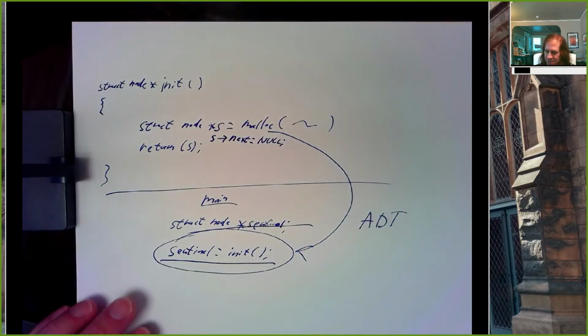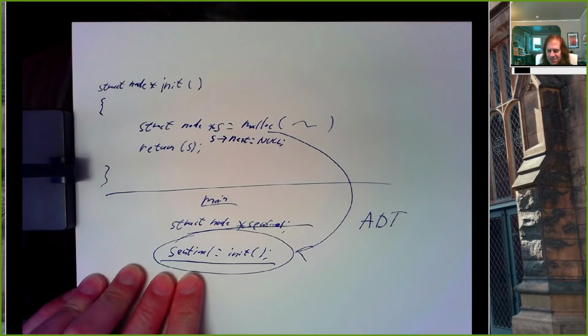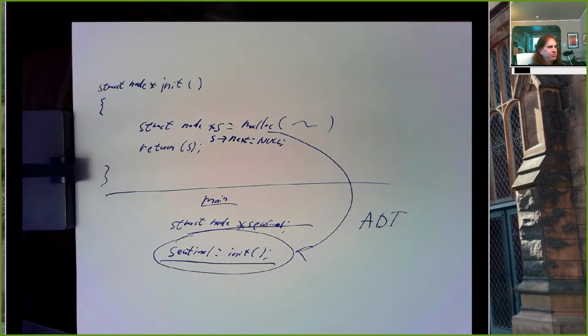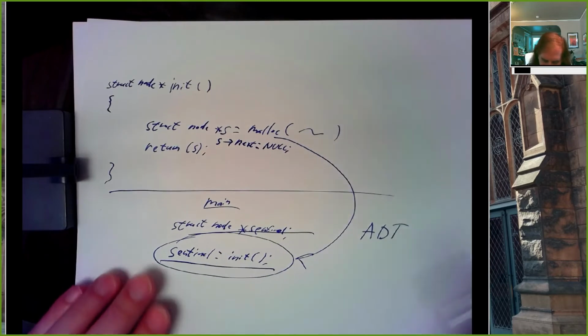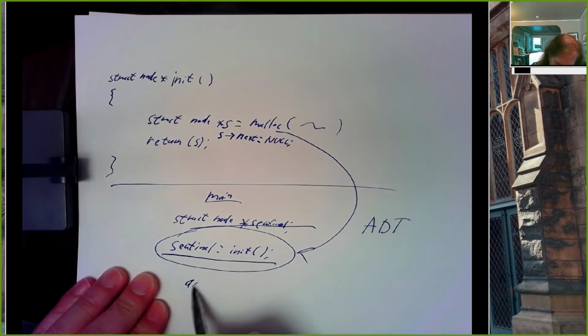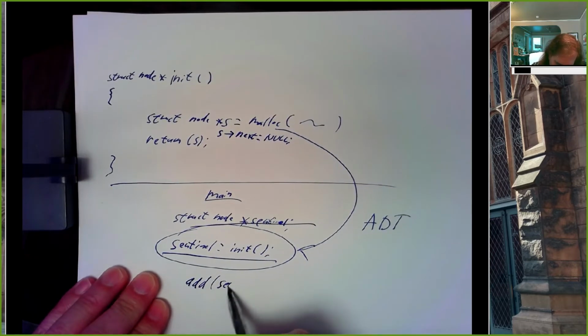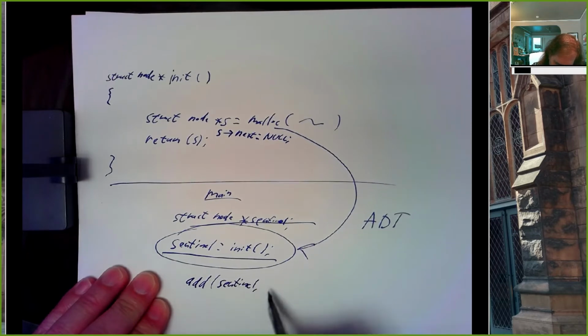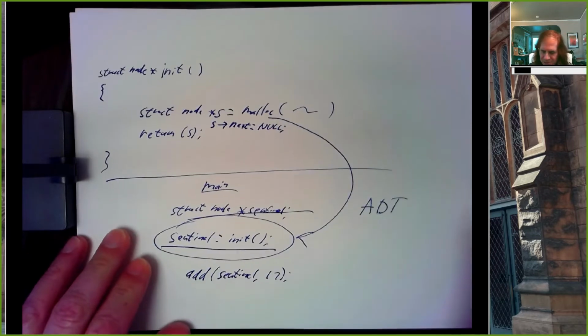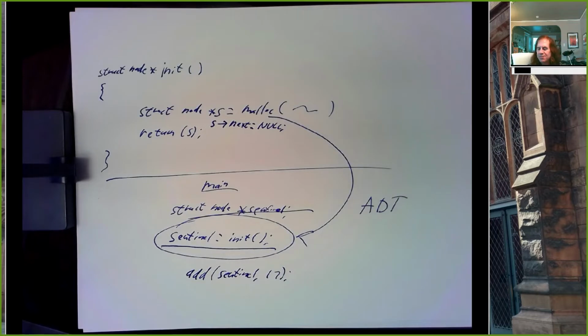And in my main program, sentinel really is pointing to a sentinel node, the beginning of a linked list that says there's no node following me. And then if I want to add something to that, I could say add sentinel 17, and that should put a 17 on the end of my empty linked list.